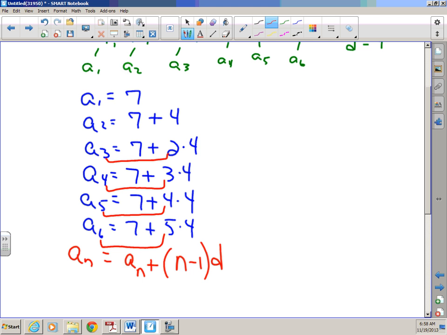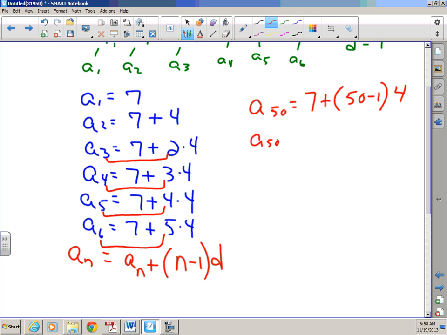So how would I find A sub 50? Now I can go back and use this rule. A sub 50 is equal to 7, my first number, plus 50 minus 1, since I'm in the 50th number, times my common difference.